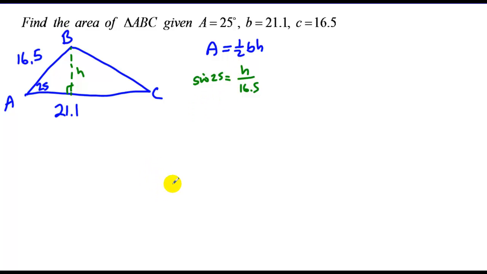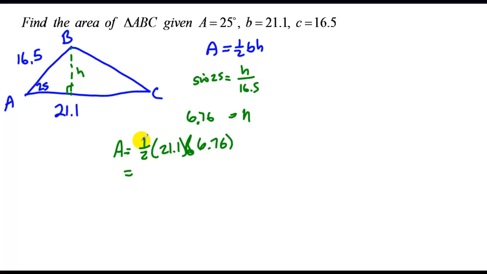I know h, in this case, will equal 6.76, and then the area equals 1/2 times 21.1 times 6.76, which is going to give me 71.32 square units.